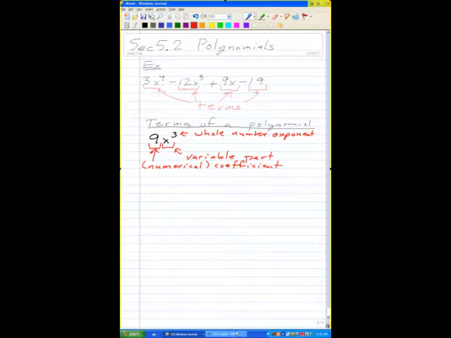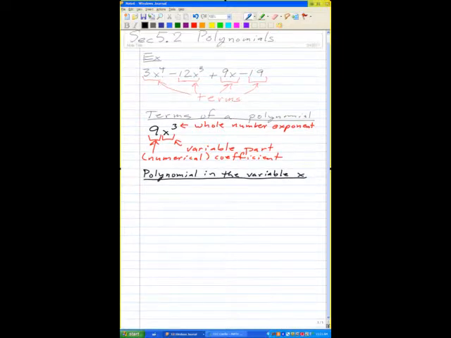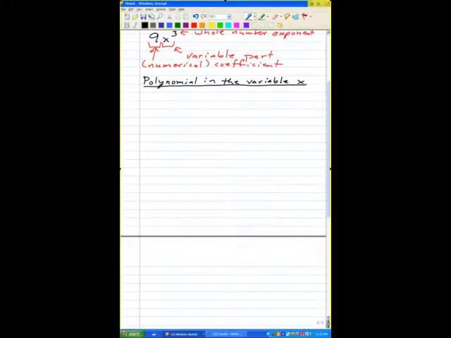And so, in general, a polynomial in one variable, let's say in the variable x, will have the form: a whole bunch of terms.